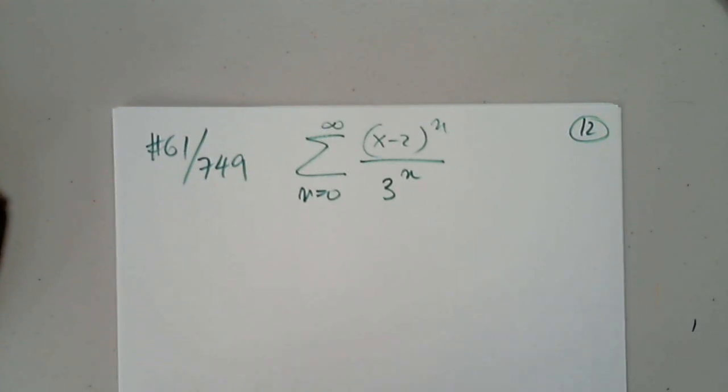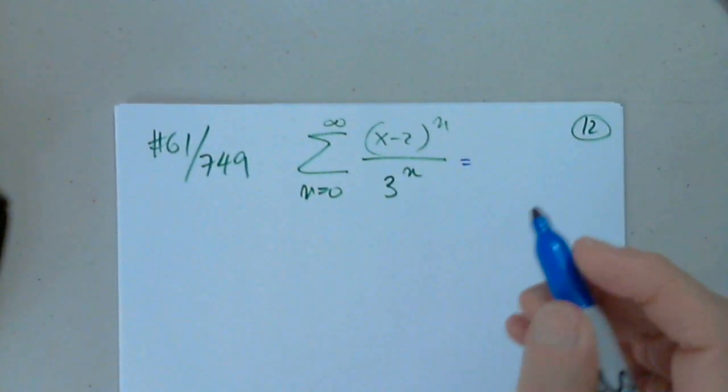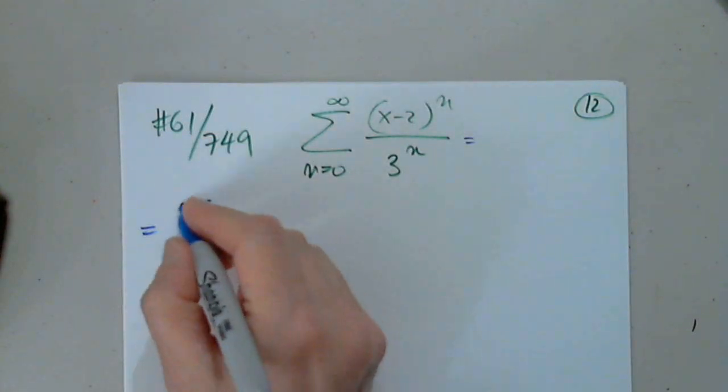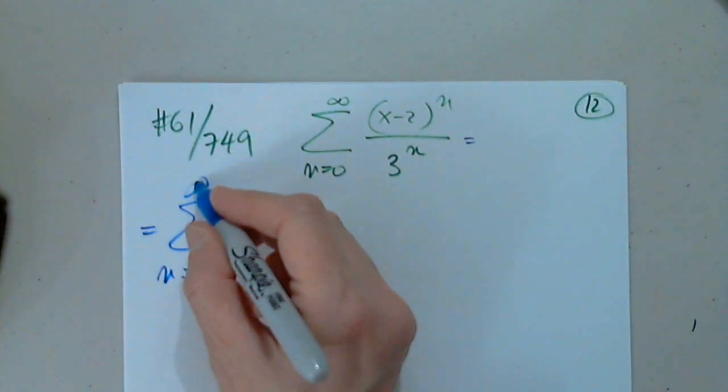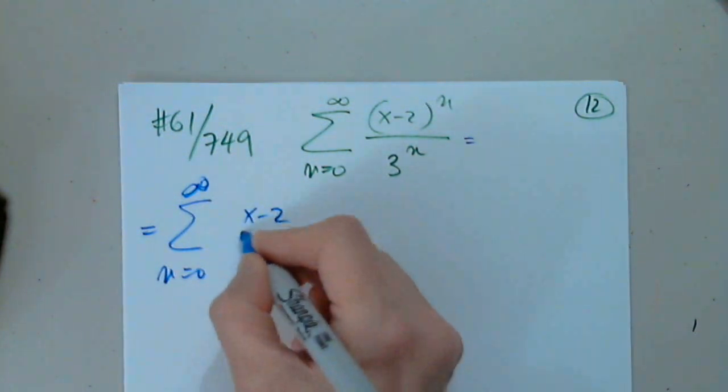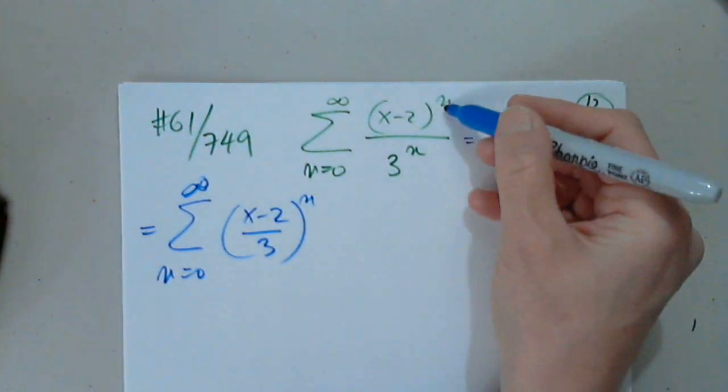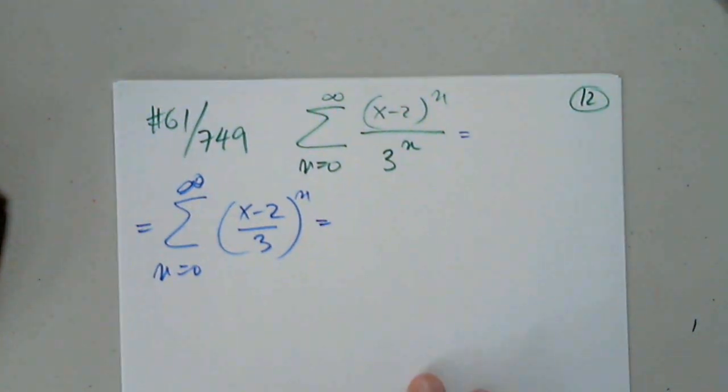Okay, so first I'd like to see what is happening here. I will first rewrite it as the sum from n equals 0 to infinity of ((x minus 2) over 3) to the power n, since they have the same power. Now let's take a look for a second.